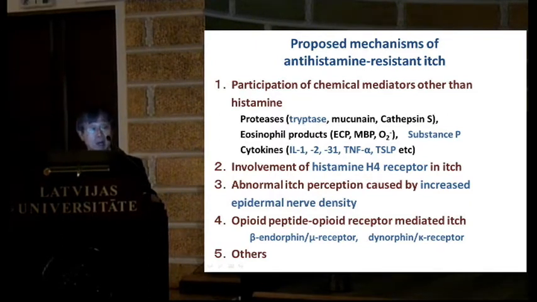Third, abnormal itch perception caused by increased epidermal nerve density. Fourth, opioid receptor mediated itch. Activation of the mu opioid system induces itch. On the other hand, activation of the kappa opioid system induces the suppression of itch.